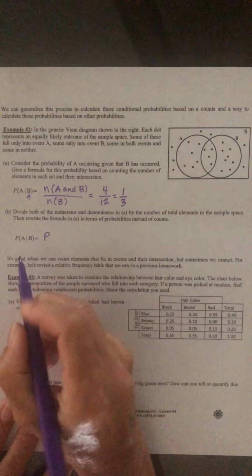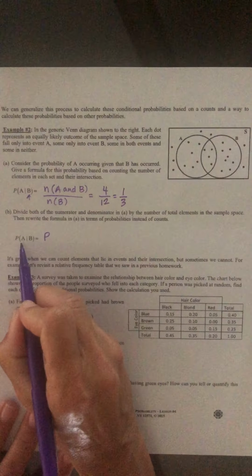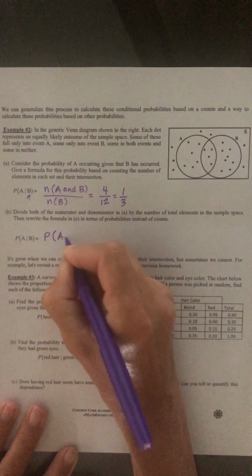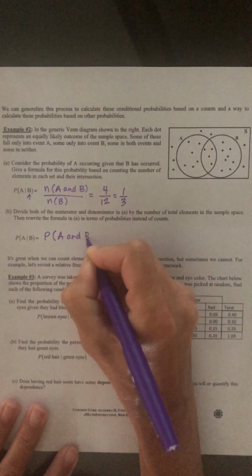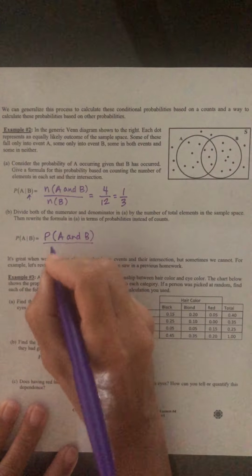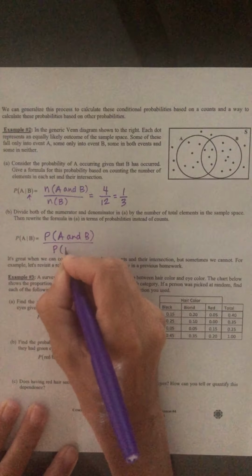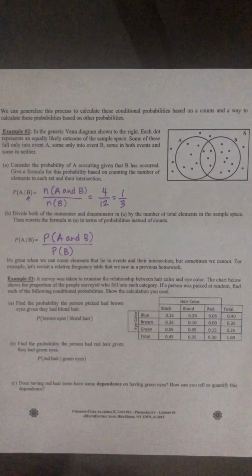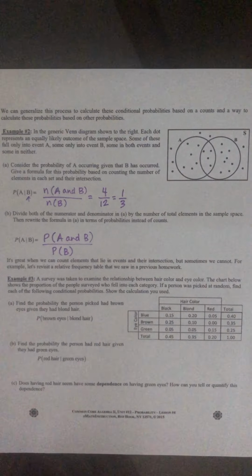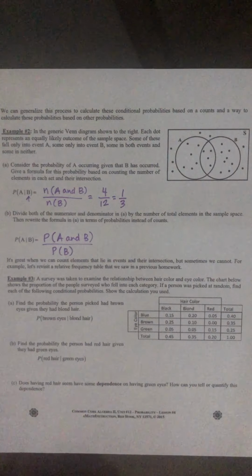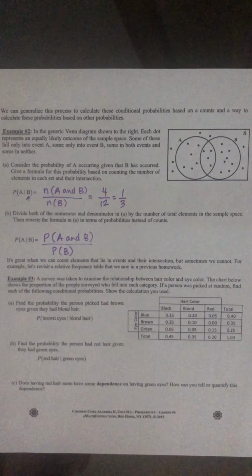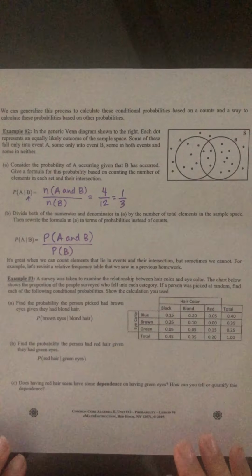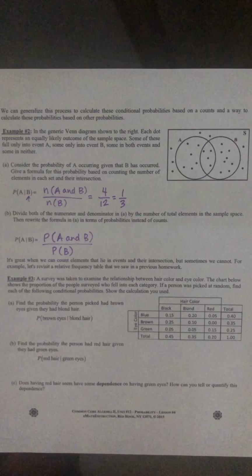So if you have conditional probability, which is the probability of A given B, the official formula is the probability of A and B divided by the probability of whatever's listed second, so the probability of B. That's your general formula. Conditional probability we are going to use in the next lesson, so you have to memorize it. It's something new. You've never seen it before, but it's really not that difficult. So one last problem using a two-way frequency chart.